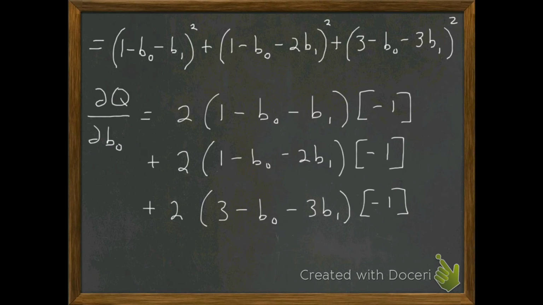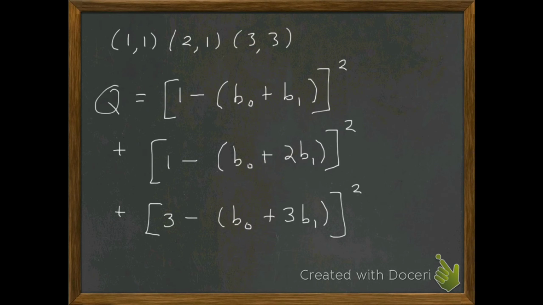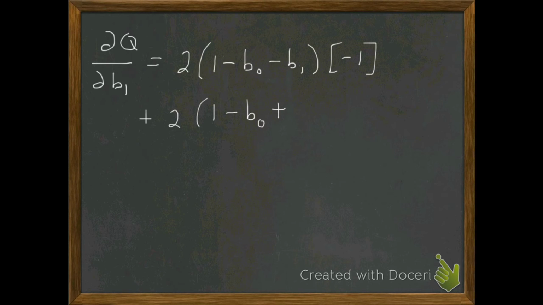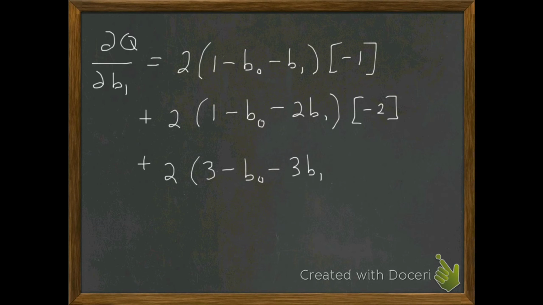So we've got 1, 2, 3, so we're going to have 2 times (1 minus B0 minus B1) times negative 1, plus 2 times (1 minus B0 minus 2B1) times negative 2, plus 2 times (3 minus B0 minus 3B1) times negative 3.